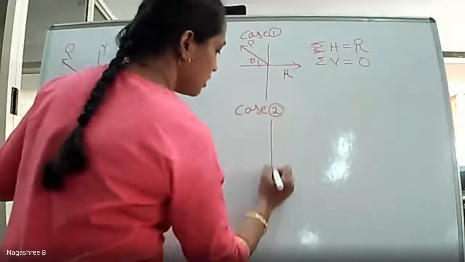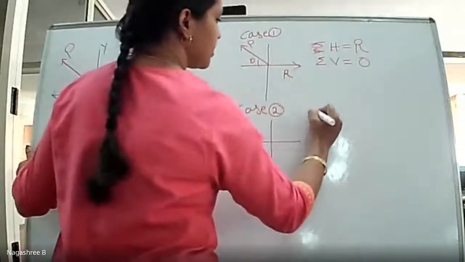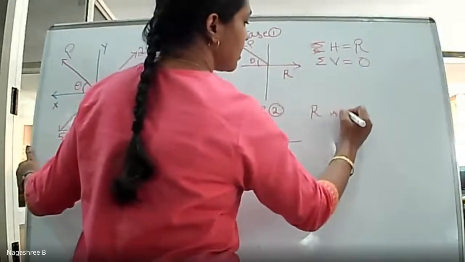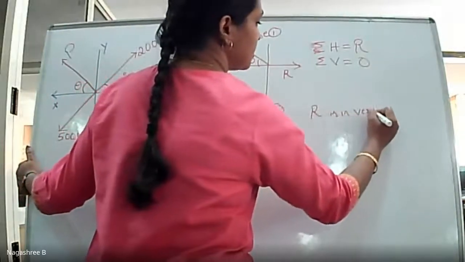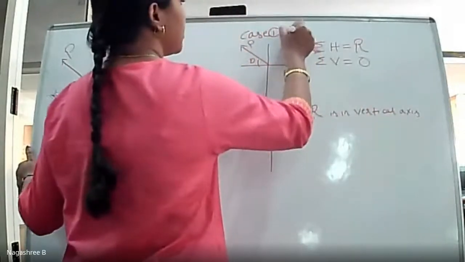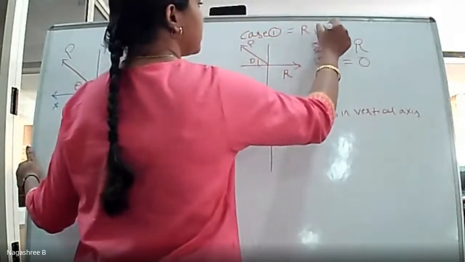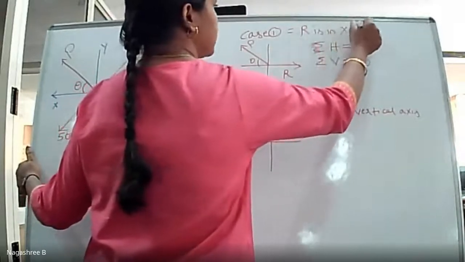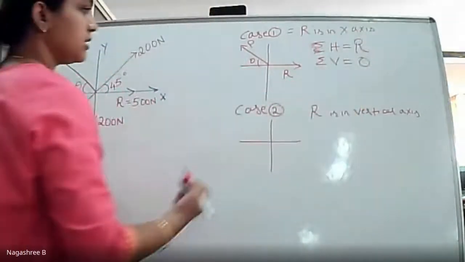Suppose in this case the resultant is on the vertical axis. So in case 1, R is on the x-axis.